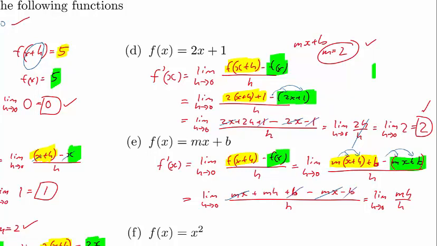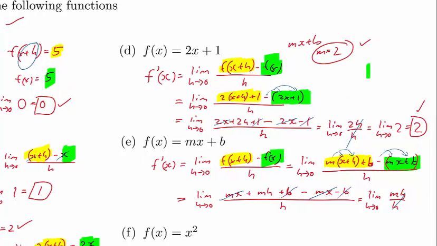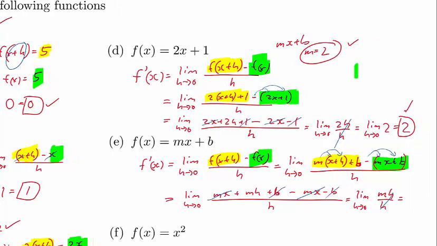Of course, the h is canceled. And note that that m is a constant in this case, right? This m and b are both constants. X is the only variable. So the limit as h approaches 0 of the constant m is just going to be that constant. It's m. That's what we were expecting. Perfect.